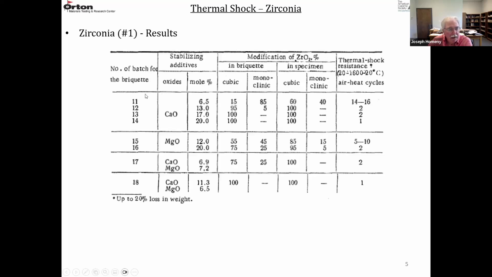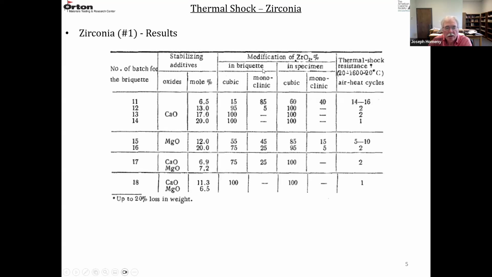So these are the batch numbers, 11 through 18. So 11 through 14 had a lime stabilizer, and these were the 3 mol%, 4 mol%, 6.5, 13, 17, and 20.